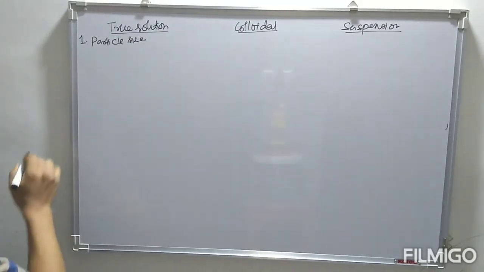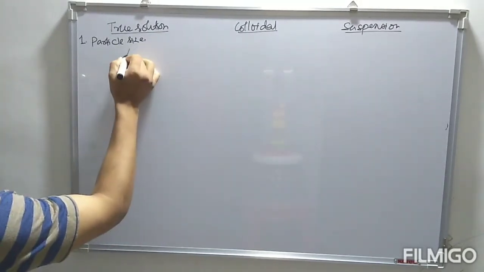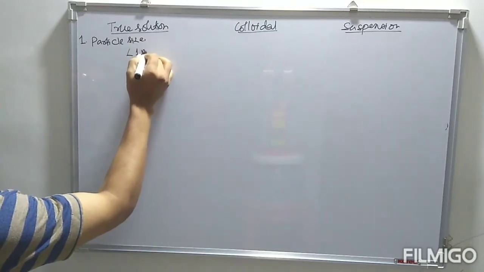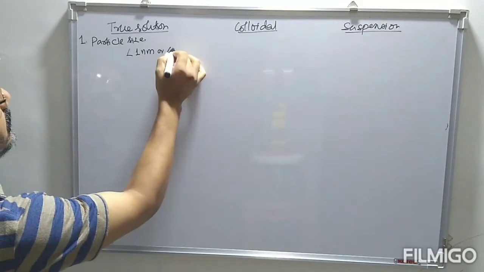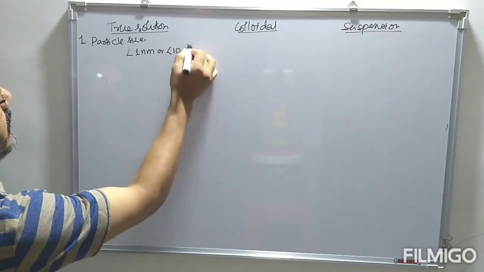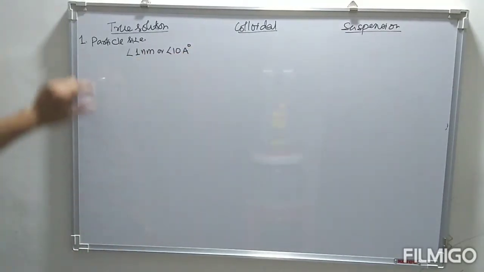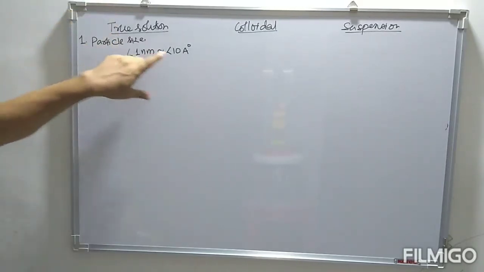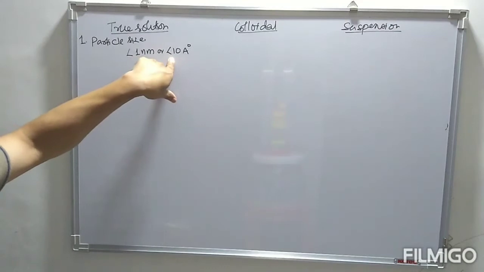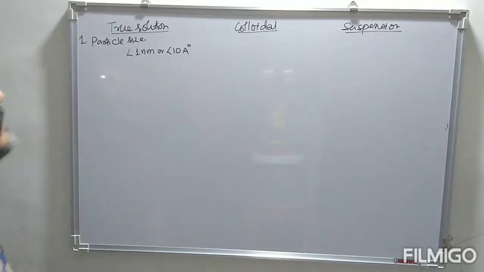For a true solution, the diameter of the particle is less than 1 nanometer or less than 10 angstrom.